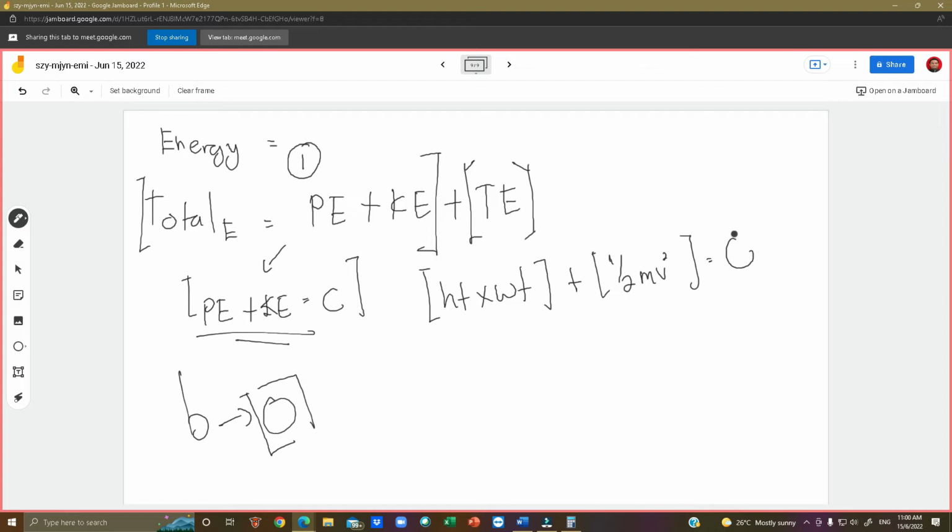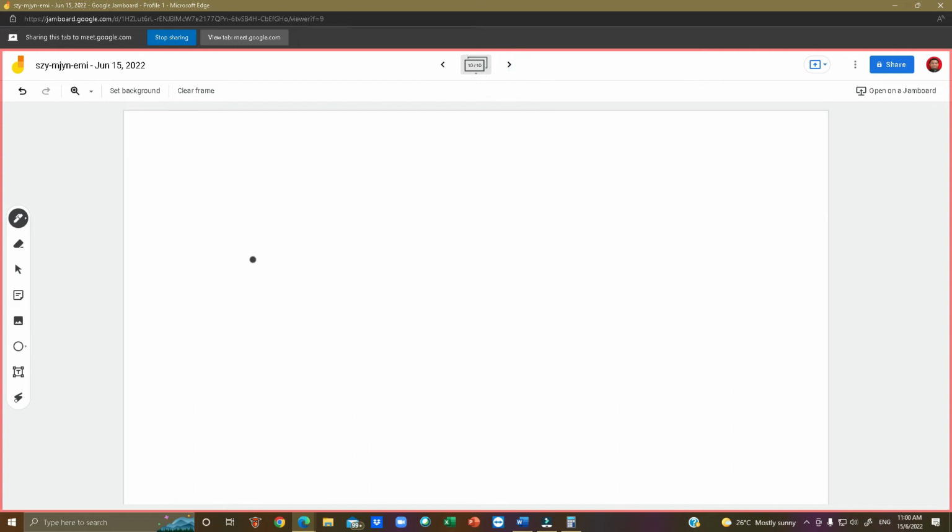And this figure does not change. Itu maksud dia. Okay, that figure does not change. Okay. Contoh lah, kita ambil bola tadi. We take the ball travel. Kita nak tahu berapa banyak energi bola ni ada. Okay. So, let's say the ball, kita ambil kira-kira yang mudah. The mass of the ball is 1 kg.